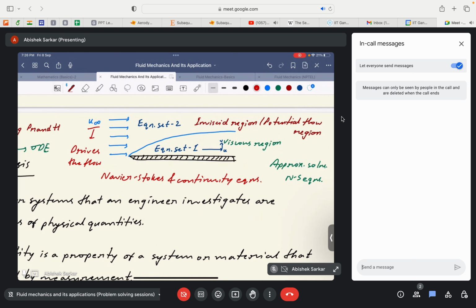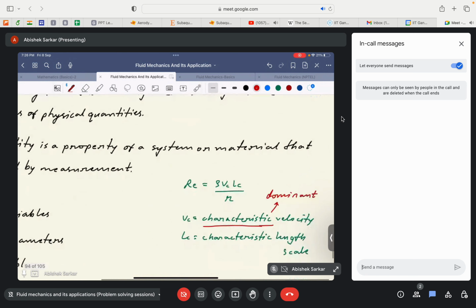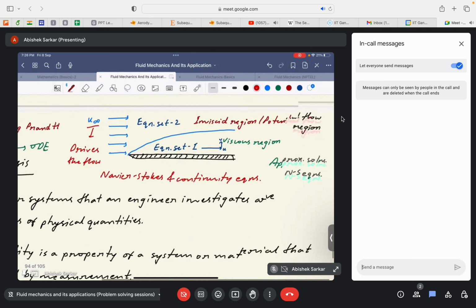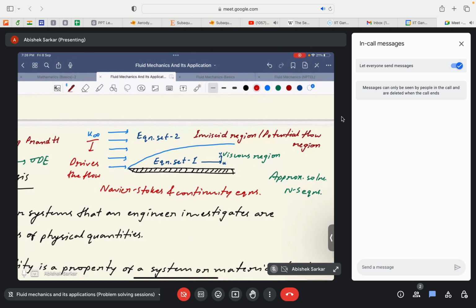But when we are concerned with the characteristic length scale, in the case of flow over a flat plate, the characteristic length scale for determining the Reynolds number in the different regions of the flat plate is chosen to be the x coordinate.